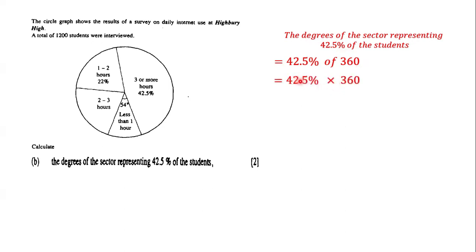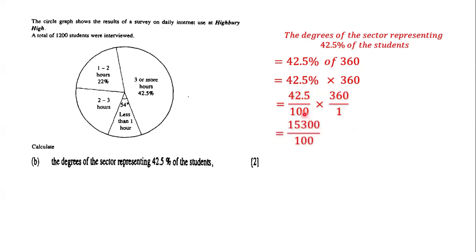We take 42.5 and we express it as a fraction. So it's 42.5 over 100 multiplied by 360 over 1. Then we multiply 42.5 by 360, and that gives us 15,300.